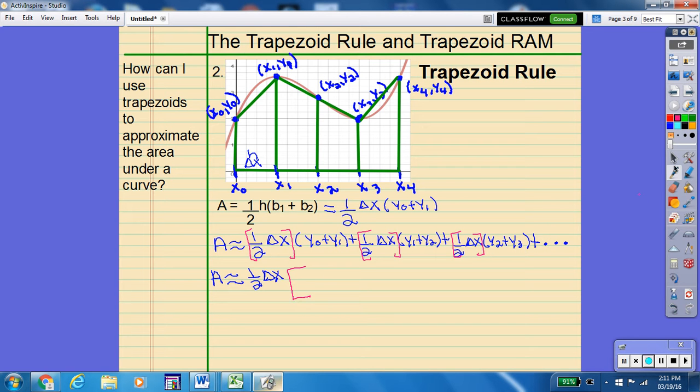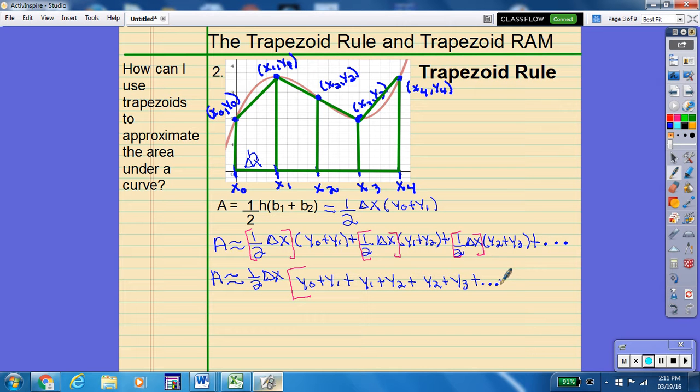And what that leaves you with is y sub 0 plus y sub 1 plus, on this term, y sub 1 plus y sub 2 plus y sub 2 plus y sub 3 plus dot, dot, dot, keeps going.